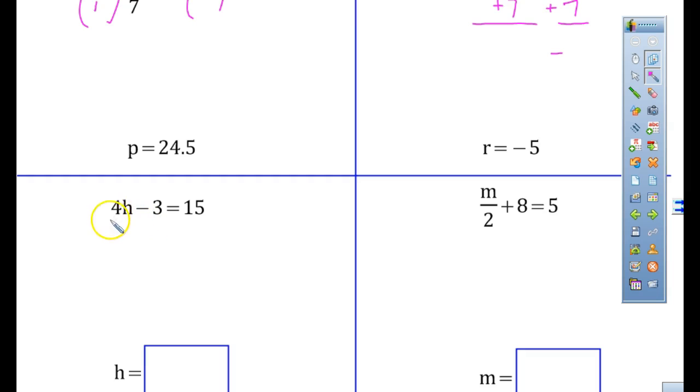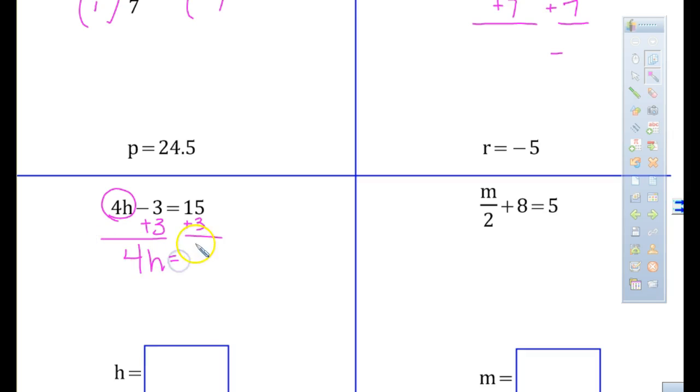The first step, I got to get 4h by itself. Opposite of minusing 3 is to add 3. h equals 18. It is not going to be a nice number. It's going to be a fraction or a decimal. Since I have 4 times h, the opposite of multiplying by 4 is to divide.